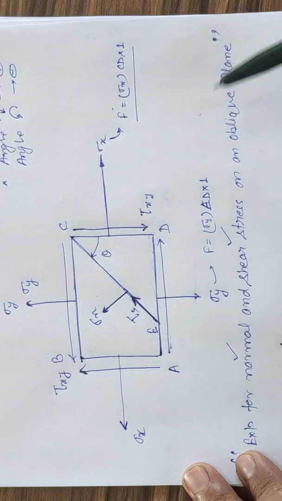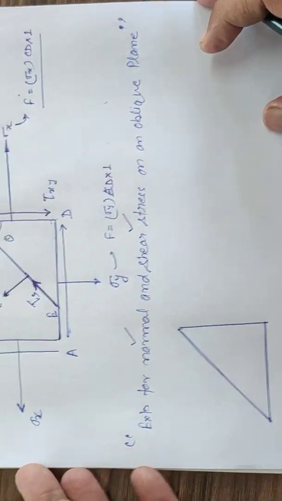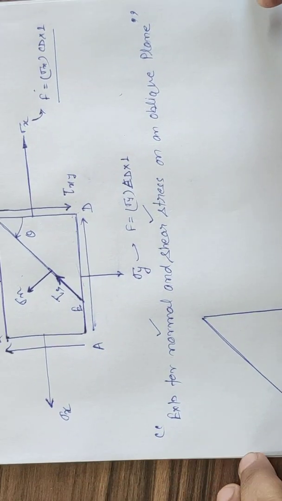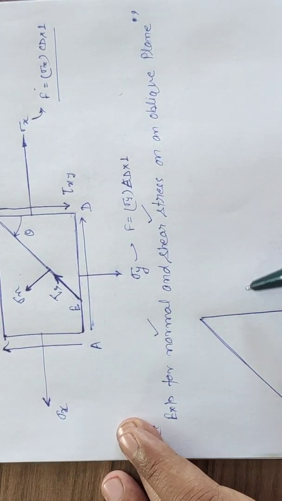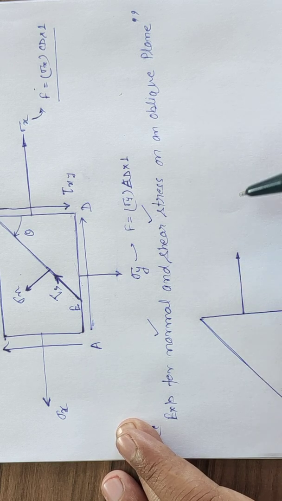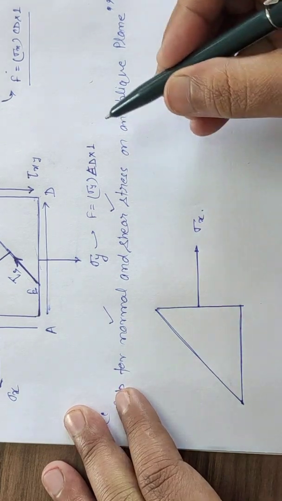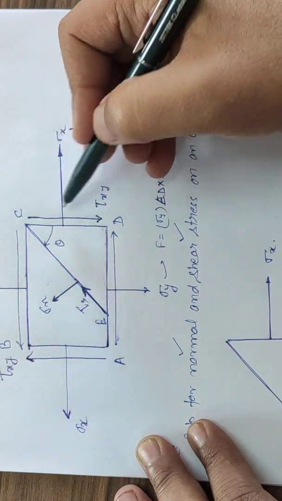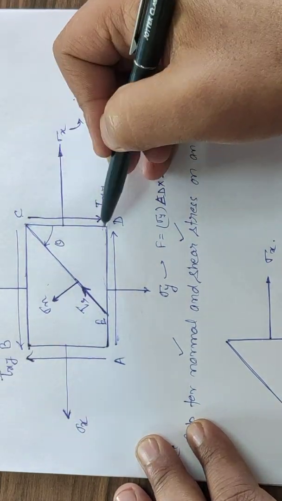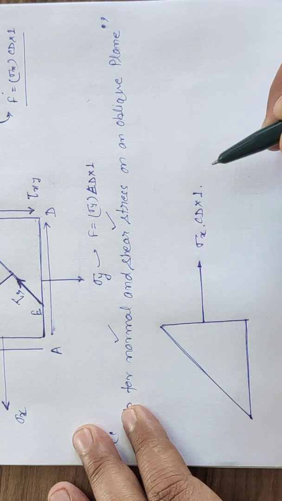In the same manner we will take all the forces and draw all the equilibrium equations which are possible. So here we will have the sigma x force, we are calculating force. Sigma x, length will be equal to CD, so sigma x CD multiplied by 1.